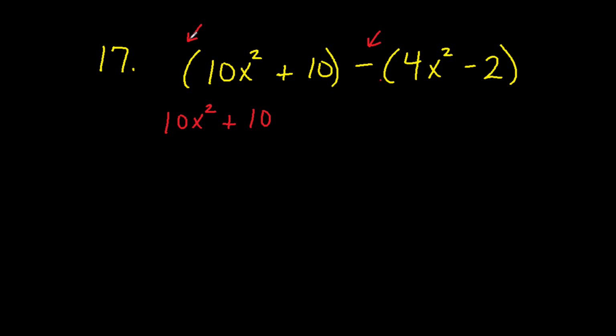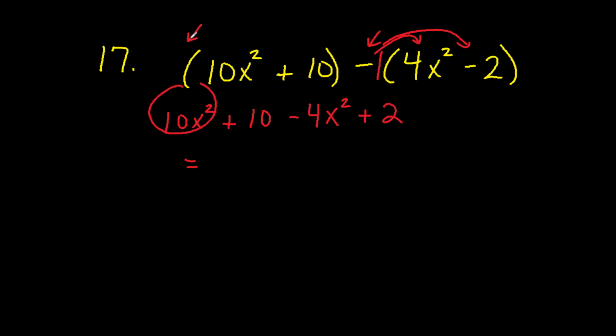A lot of times we just think of that as a negative 1 being distributed. Negative 1 times 4 is minus 4, and that has an x squared on it. And negative 1 times negative 2 is positive 2. So that's how you apply the negative in front of the parentheses by changing the sign of both terms inside the parentheses.